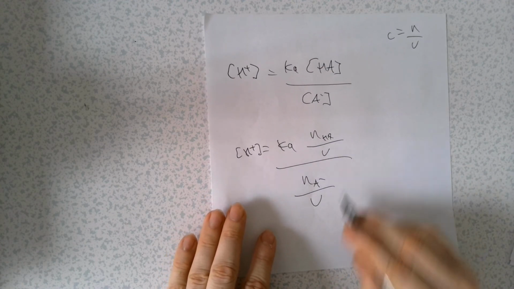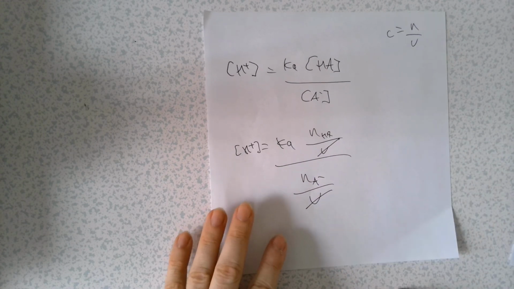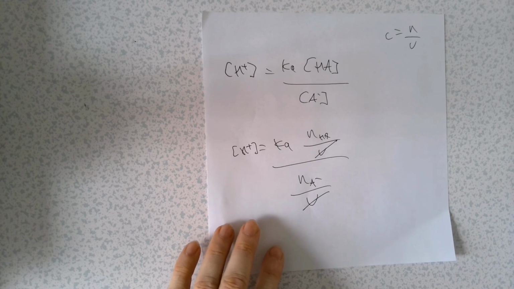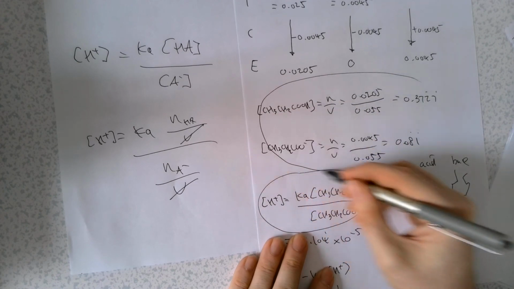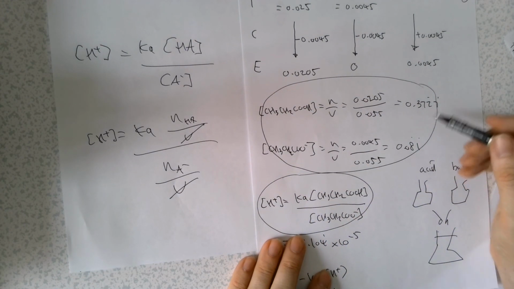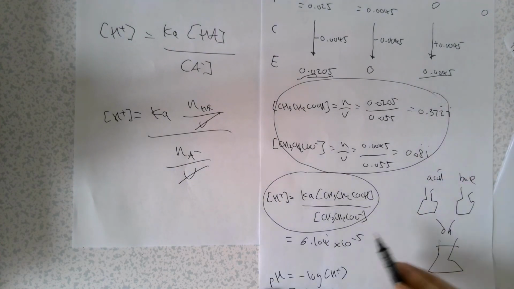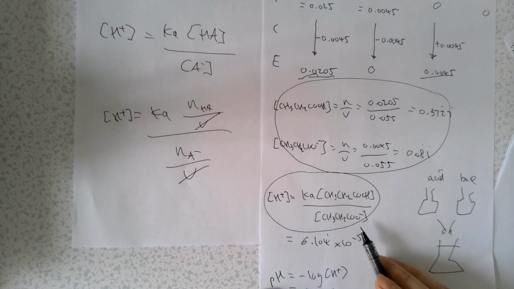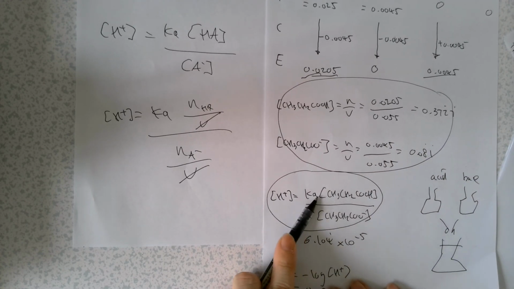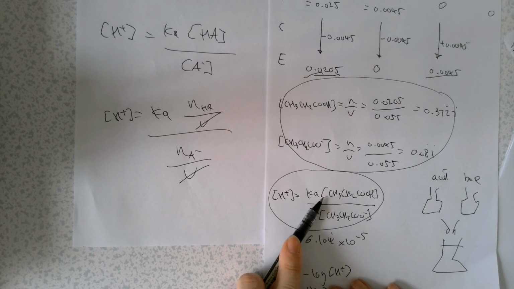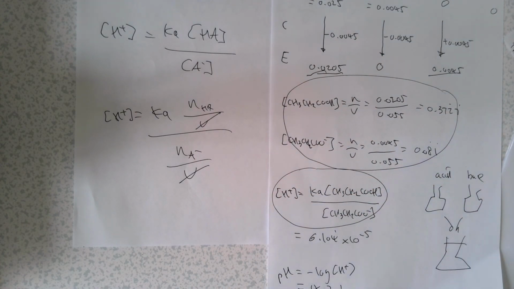But if you actually think about the maths of this, these volumes will cancel. So actually, what I technically could have done in my question is missed this step out and just straight away stuck my equilibrium moles into the expression. I didn't technically need to divide by the volume. However, the square brackets do mean the concentration of, so if you found the concentration and put those in, that would give you exactly the same number.